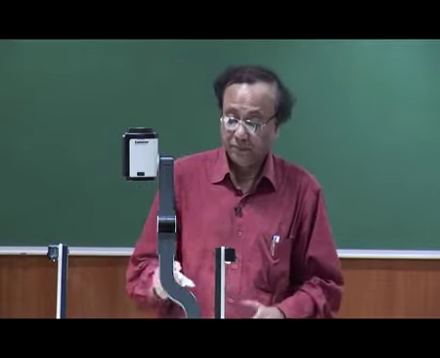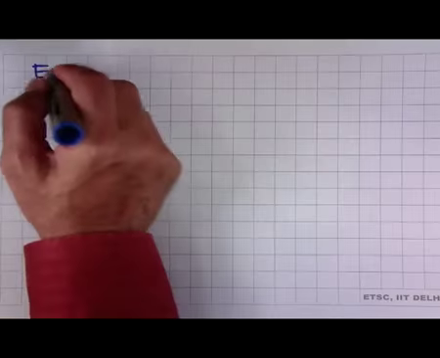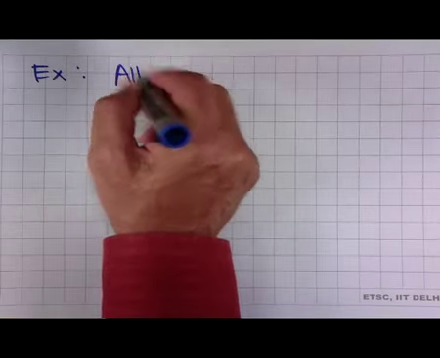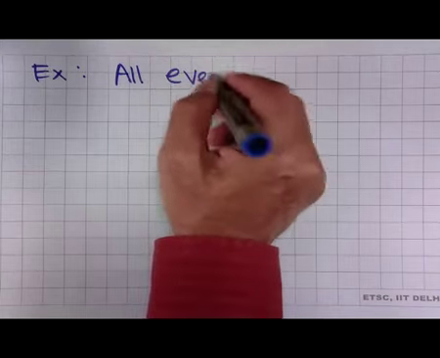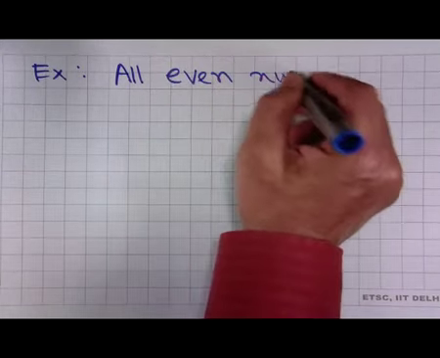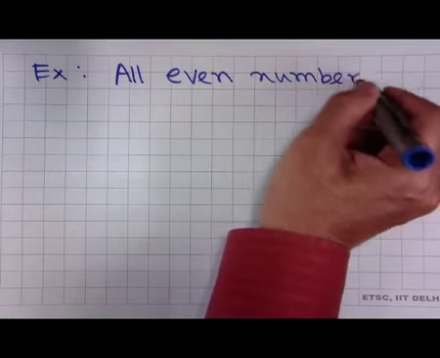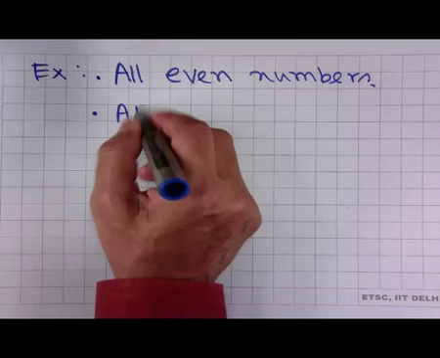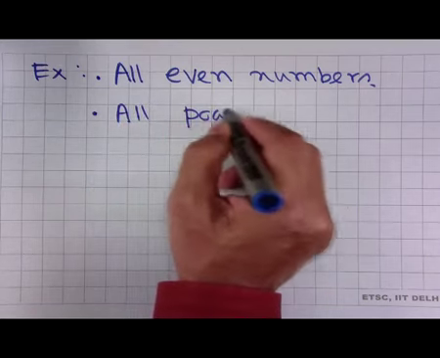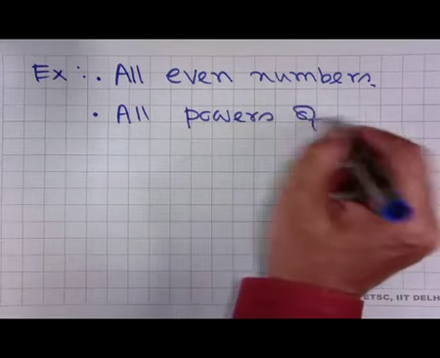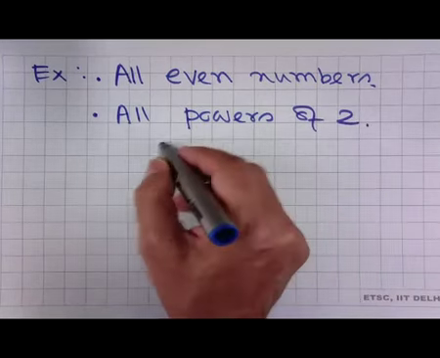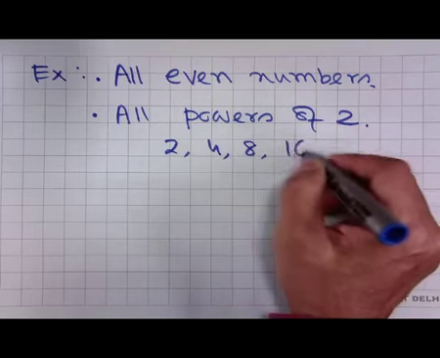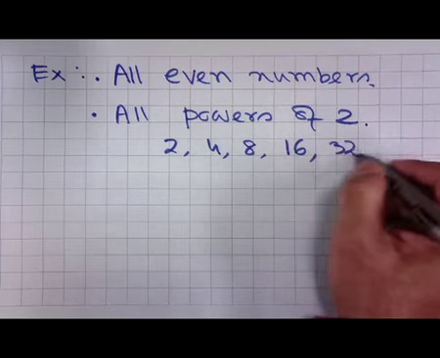Example: all even numbers. All powers of 2. Say for example, 2, 4, 8, 16, 32.